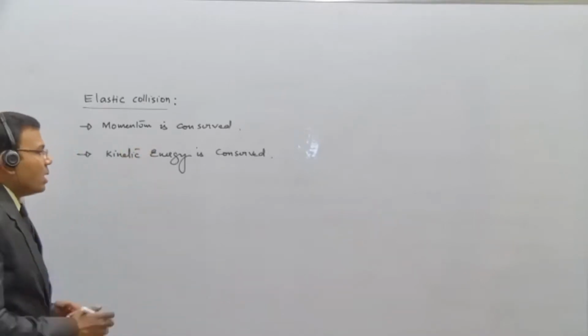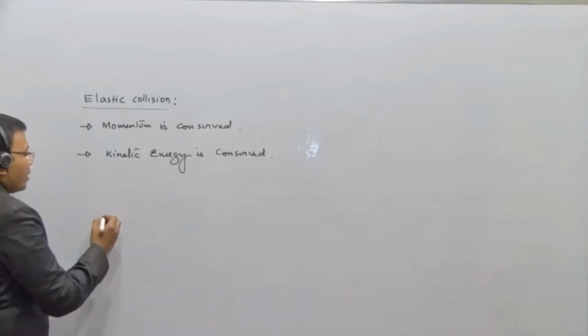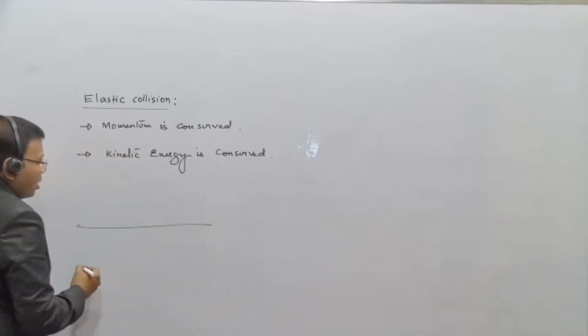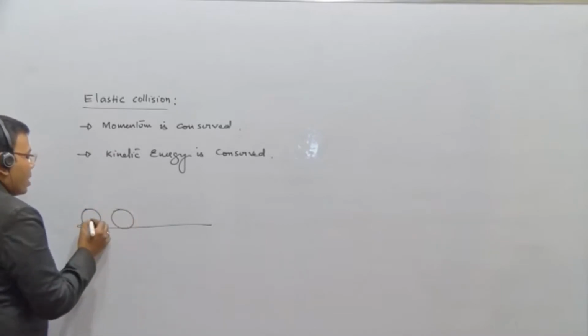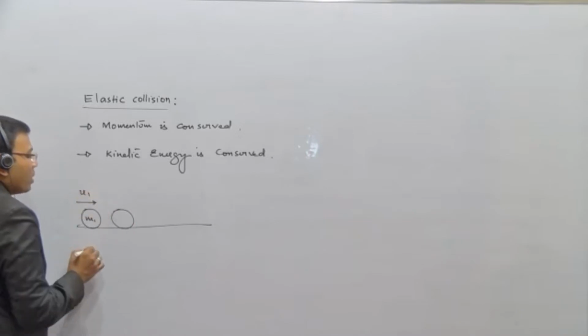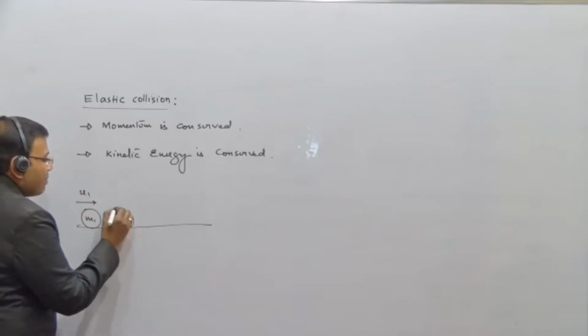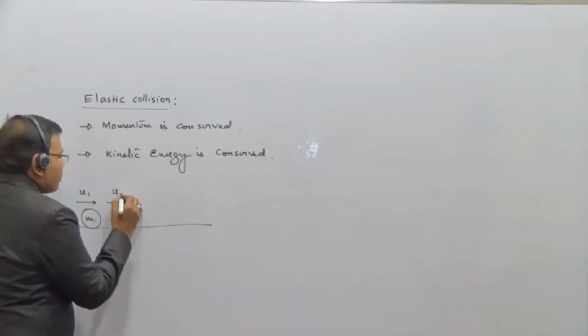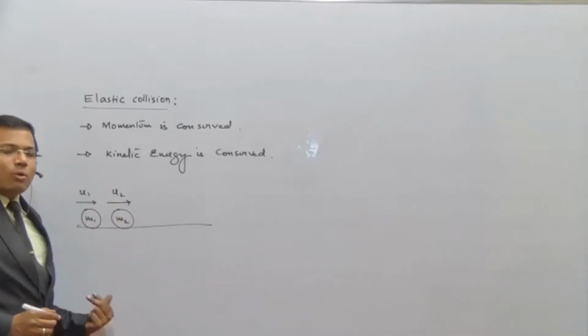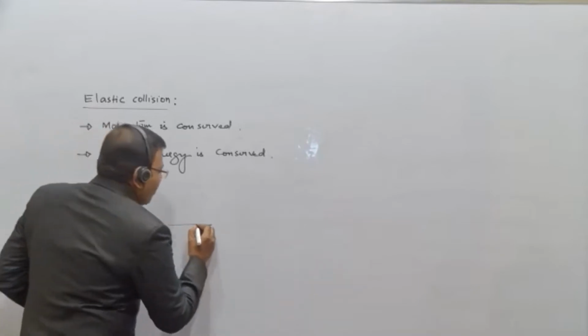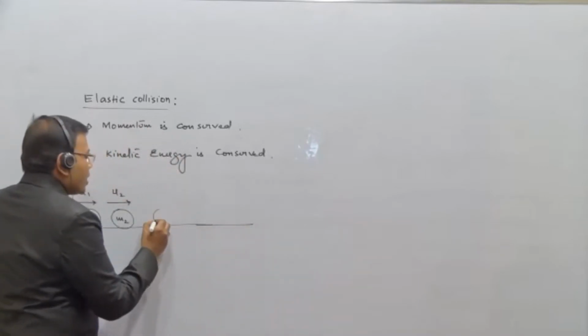Suppose, just imagine two bodies. This is the first body of mass m1 moving with velocity u1. The second body of mass m2 is moving with velocity u2. This is the situation before collision. Now here, students, the collision has taken place.